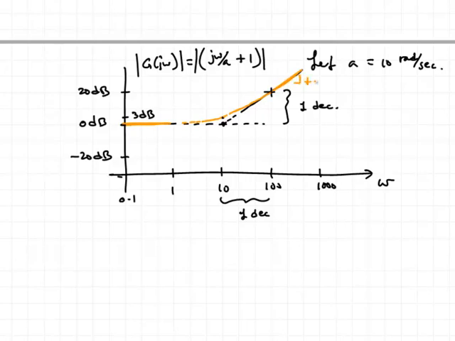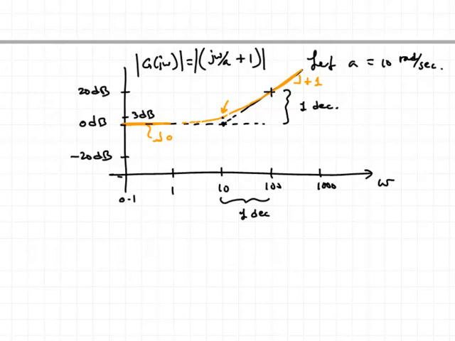This has a slope of +1. This has a slope of 0. Right? And then I know this singular point right here. By knowing the high and low frequency asymptotic slopes, and by knowing the corner frequency, or the frequency of this 0, I can now plot the magnitude.